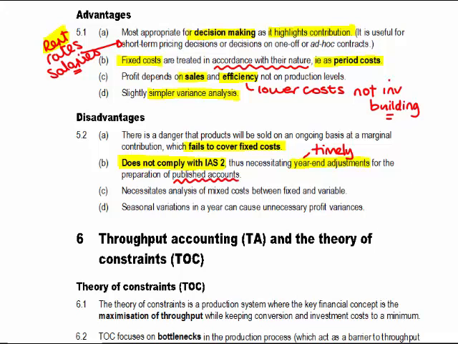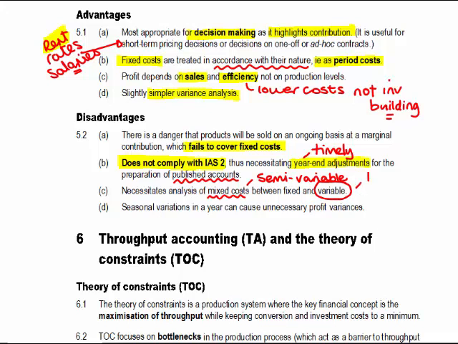We also have to analyse what we call mixed costs, or sometimes called semi-variable costs. So if we've got costs which have an element of fixed and variable cost associated with them, then in order to get to contribution, we've got to pull out the variable element of that cost.